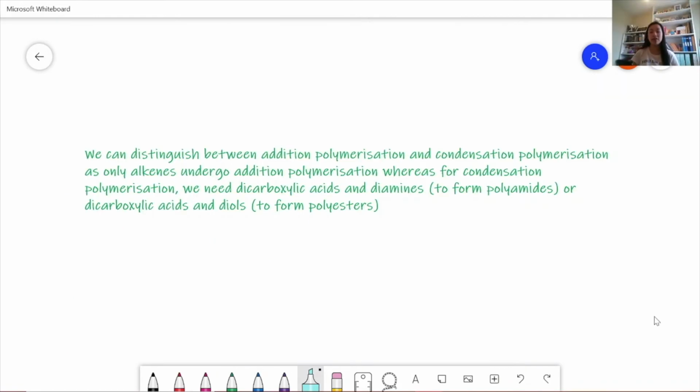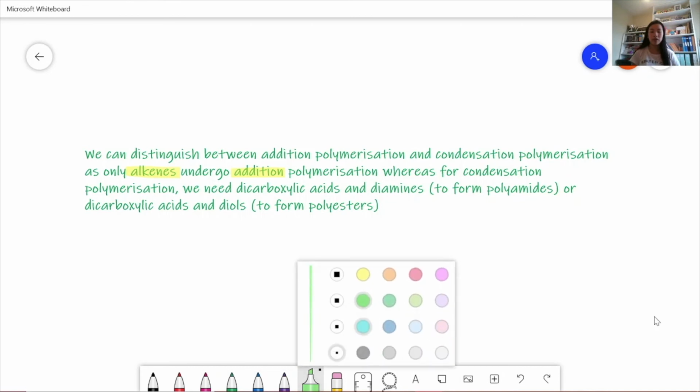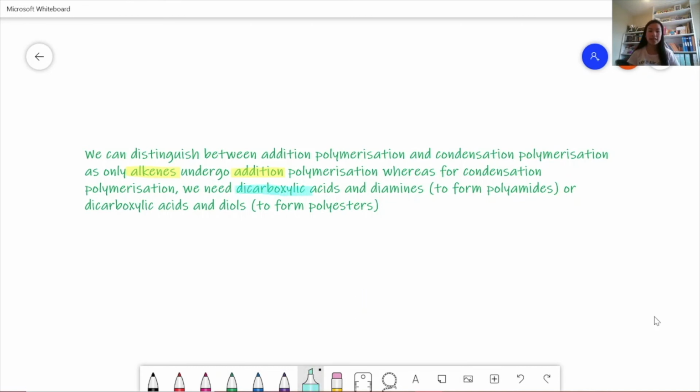A really important thing for us to know is that we can distinguish between addition polymerization and condensation polymerization, because only alkenes undergo addition polymerization, whereas for condensation polymerization we need either dicarboxylic acids and diamines to form polyamides, or dicarboxylic acids and diols to form polyesters. And so what we need to remember is that alkenes undergo addition polymerization, and then we have dicarboxylic acids and diamines for polyamides.